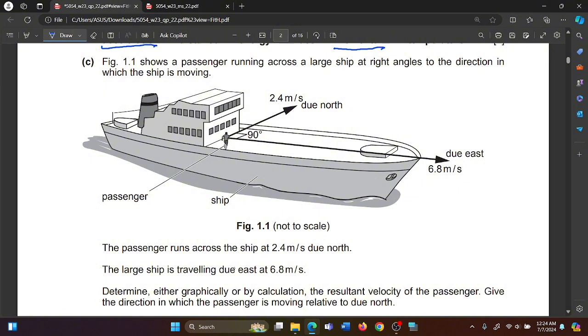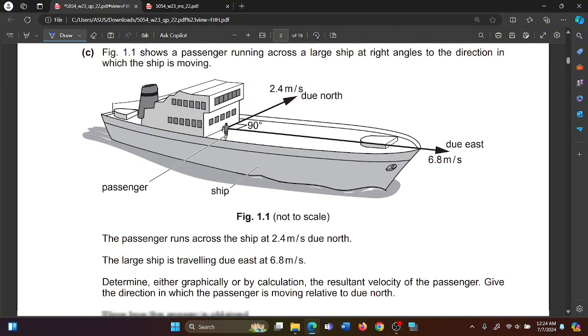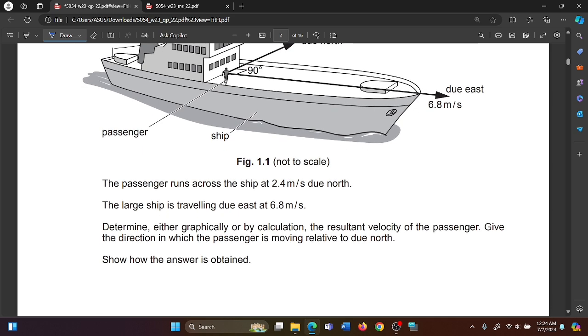A large ship is traveling due east at 6.8 meters per second. Determine either graphically or by calculation the resultant velocity of the passenger. Give the direction in which the passenger is moving relative to due north. Show how the answer is obtained.